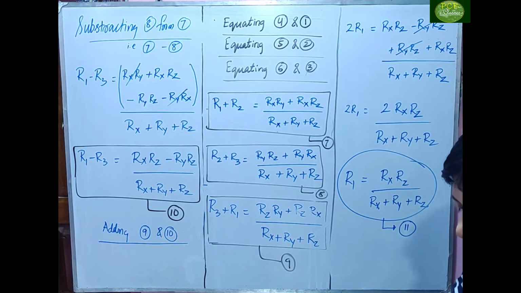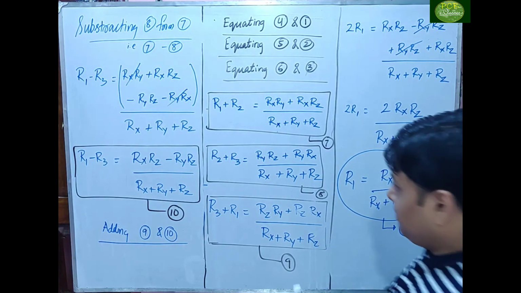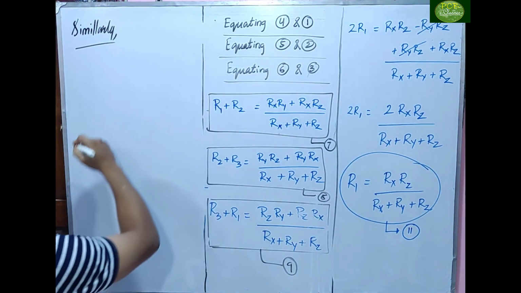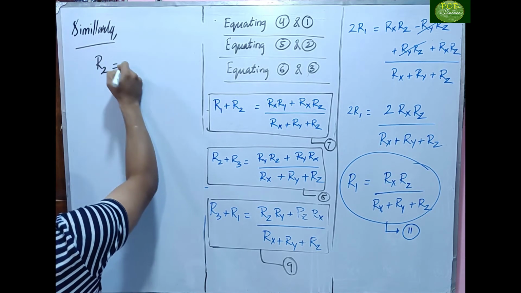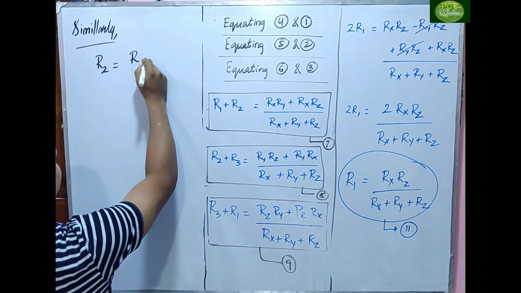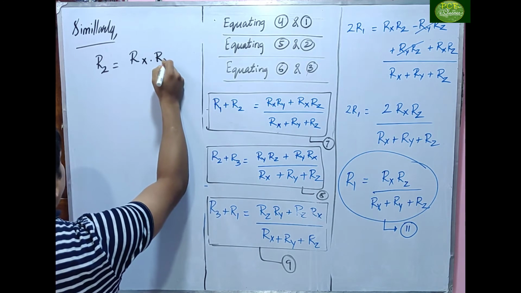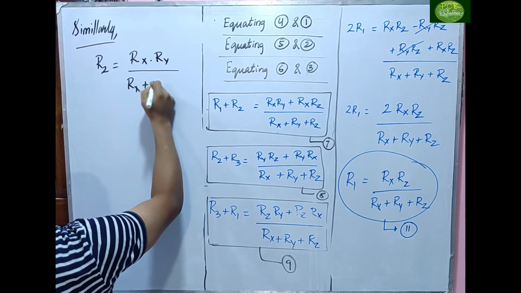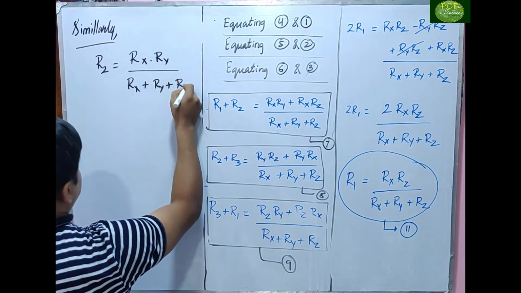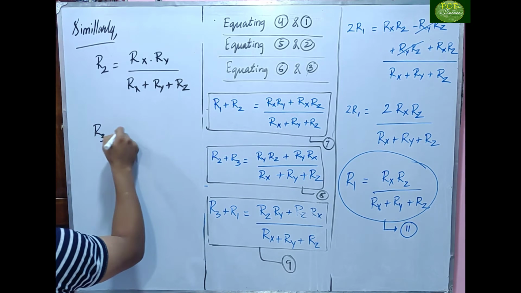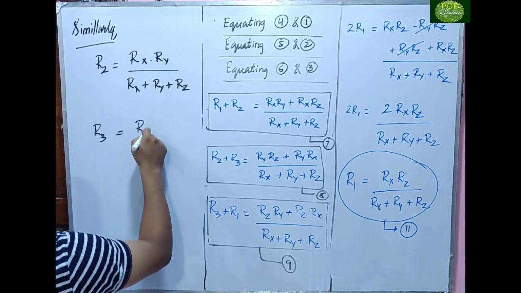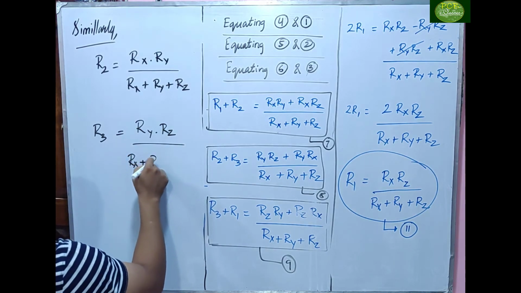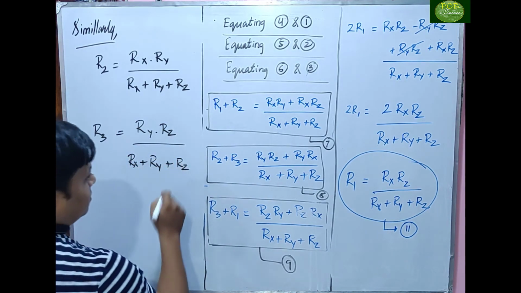Fine. Similarly, R2 will be getting as Rx Ry divided by Rx plus Ry plus Rz. Similarly, R3 will be getting as Ry into Rz divided by Rx plus Ry plus Rz.